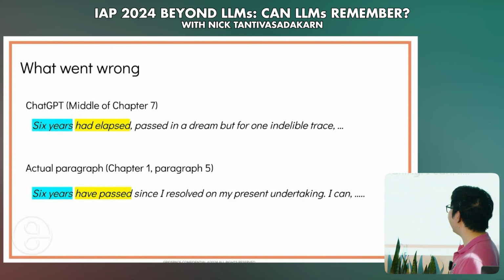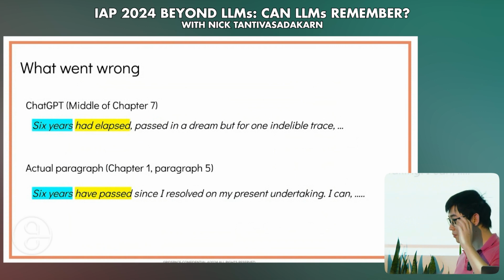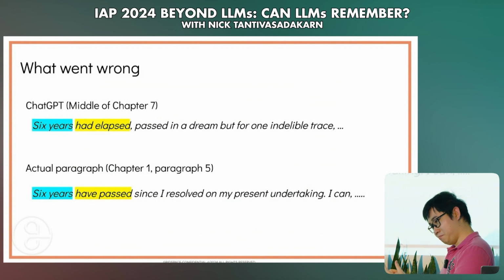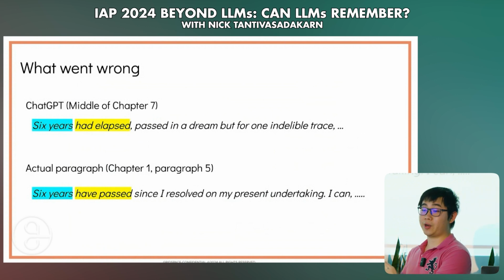So what probably happened is that ChatGPT says, okay, I remember the 5th paragraph probably starts with 6 years, and then it just fumbled between the word have and had. And once it had, given this is probably elapsed, it just went off the rails from there.